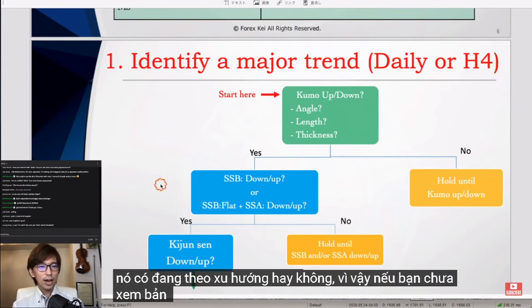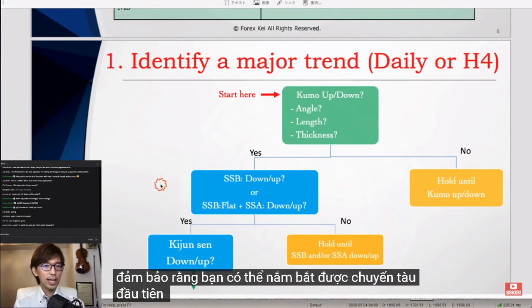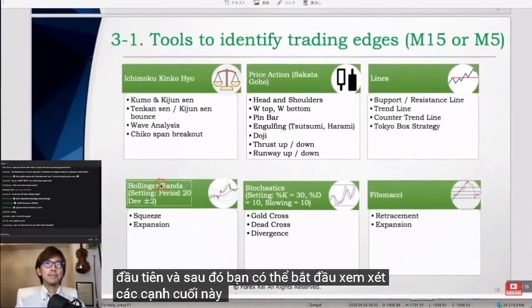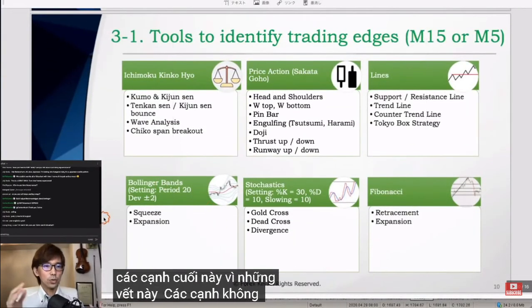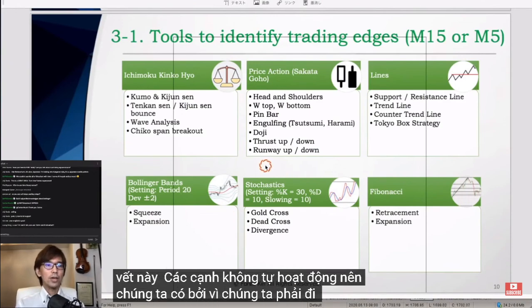So if you haven't watched that archive, please watch it to make sure that you can capture the trend first, and then you can start to look at these trading edges, because these trading edges don't work by themselves. We have to be on the trend.